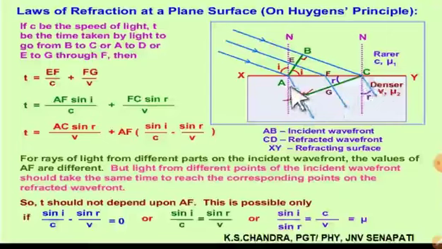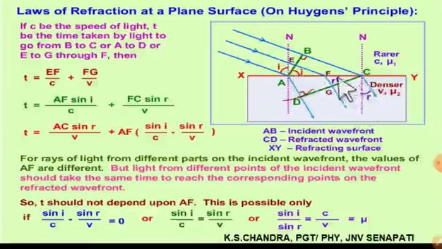This will also be the angle of refraction, and this will be the angle of incidence. As we have done in the case of reflection, this angle will be equal to the angle of incidence. Similarly, this angle will also be the angle of refraction.